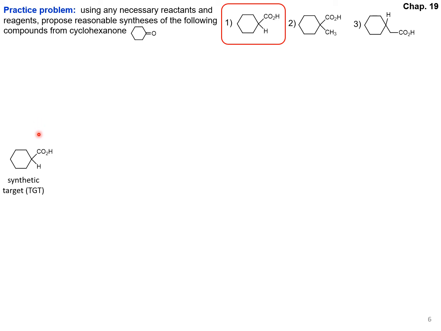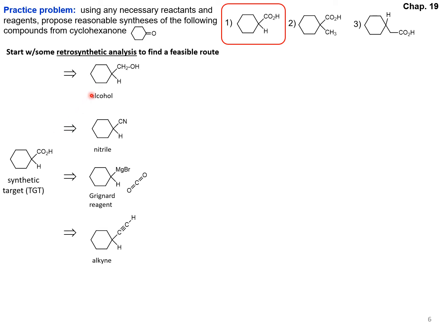Question number 1 was, what's the functional group in the molecule you're synthesizing? It's a carboxylic acid. The next question is, do I know any carbon-carbon bond forming reactions that make carboxylic acids? And the answer is yes. Let's look at all of the ways that you know to make a carboxylic acid, just to make this a complete retrosynthetic analysis. We just described 4 different ways.